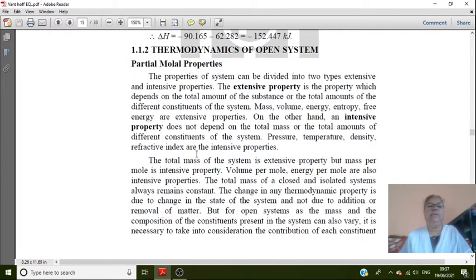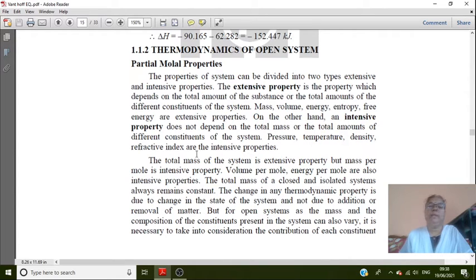An intensive property does not depend on the total mass or the total amount of different constituents of the system. For example, pressure, temperature, density, and refractive index are intensive properties.